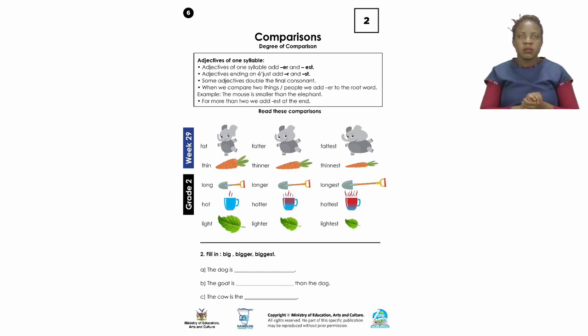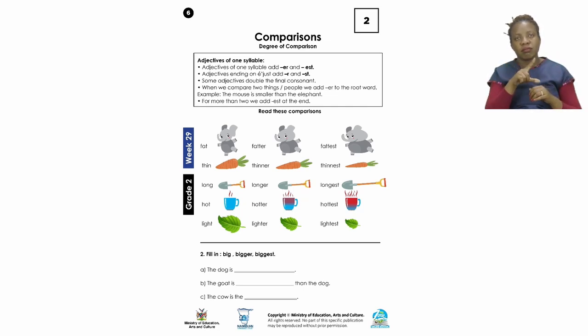The first sentence reads, A, the dog is blank. B reads, the goat is blank than the dog. And C, the cow is the blank.